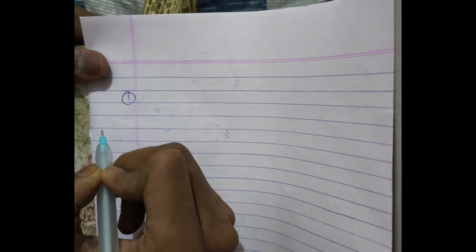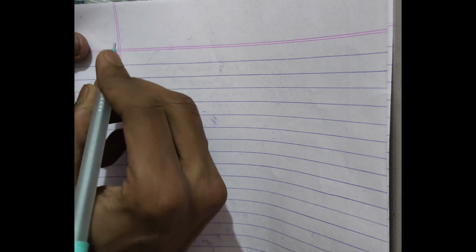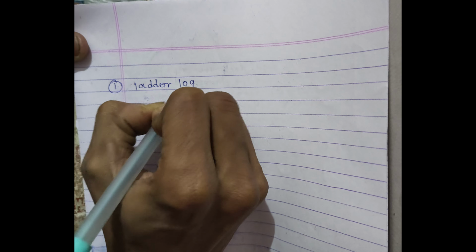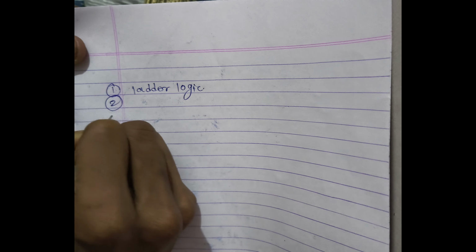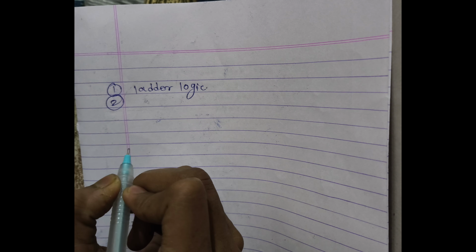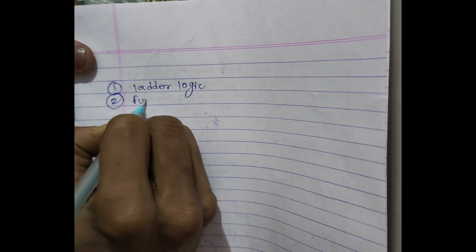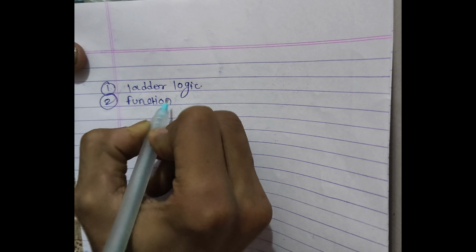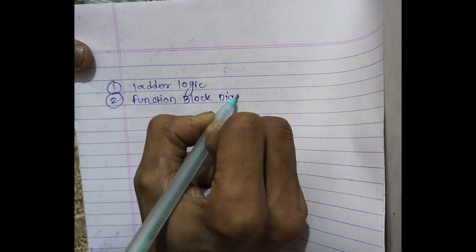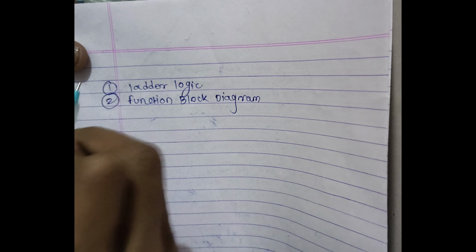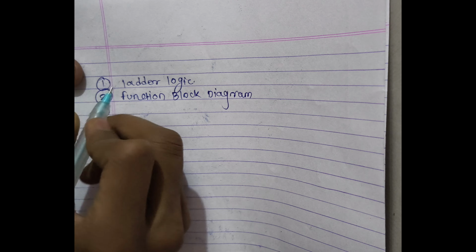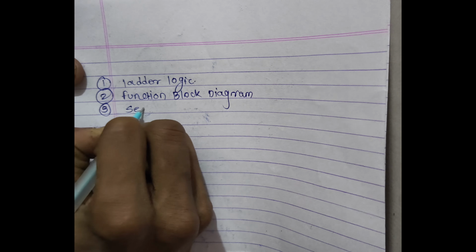The first language used for PLC programming is ladder logic. The second language is function block diagram. The third language is sequential function chart.